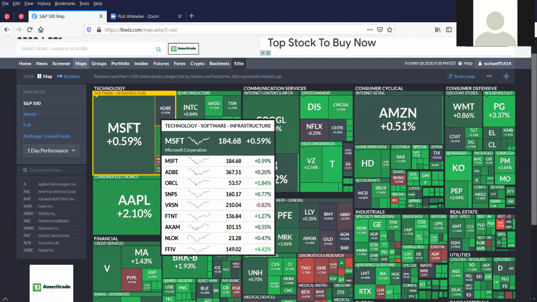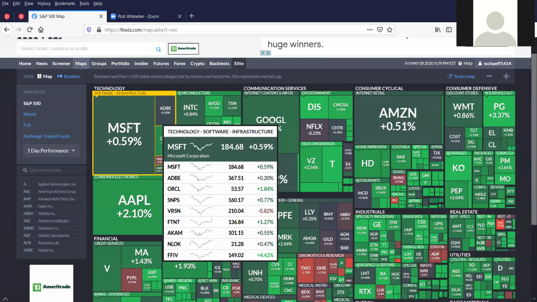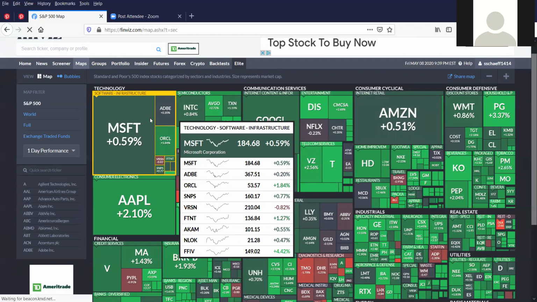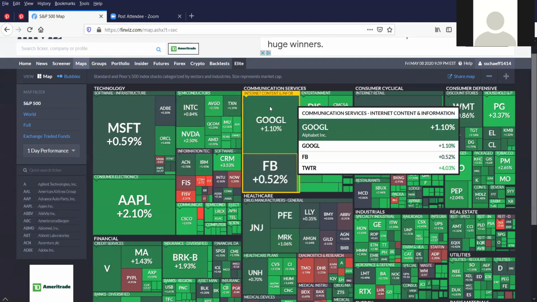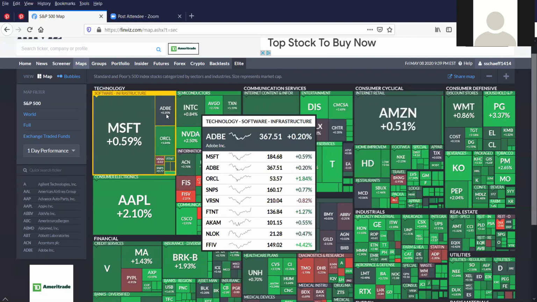And over here, competitors include Adobe, Oracle, Synopsys, VeriSign, Fortinet, Akamai, and I forget what FFIV is, but those are competitors to Microsoft. And you can see how the particular companies in the same or similar industry performed today.